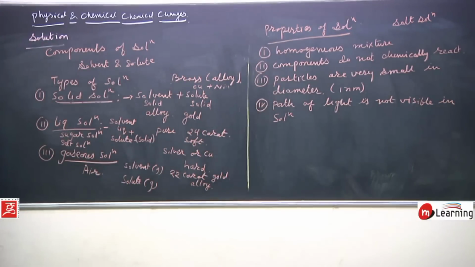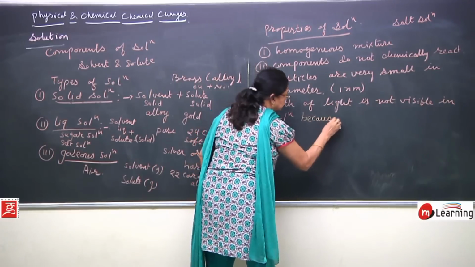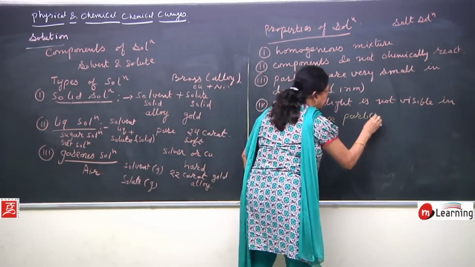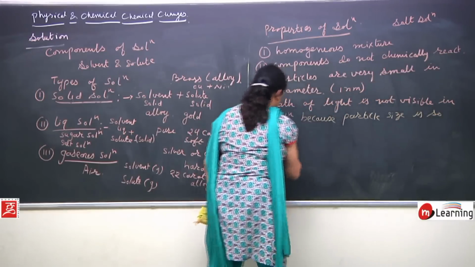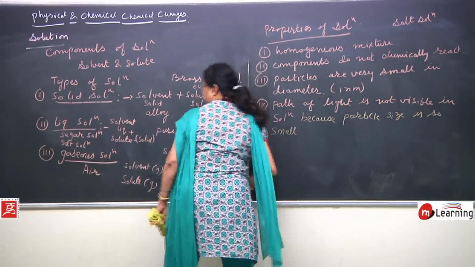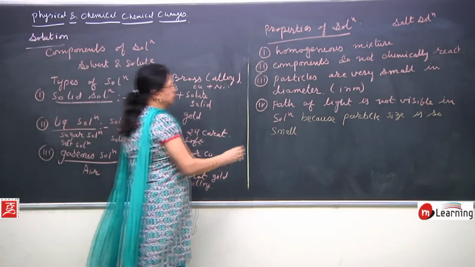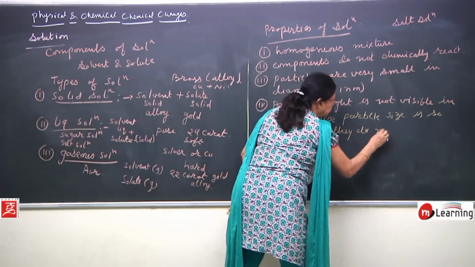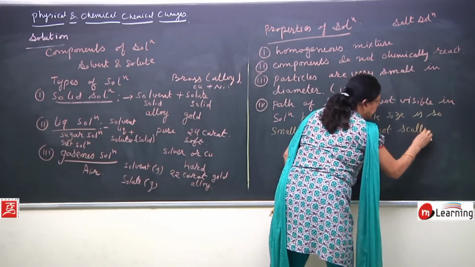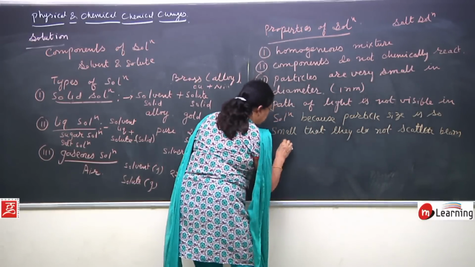Path of light is not visible in solution because particle size is so small that they do not scatter the beam of light.